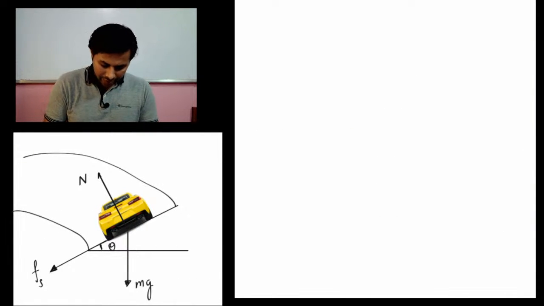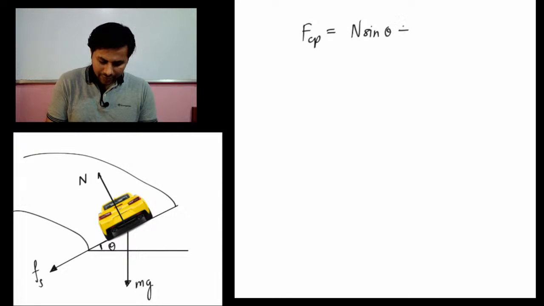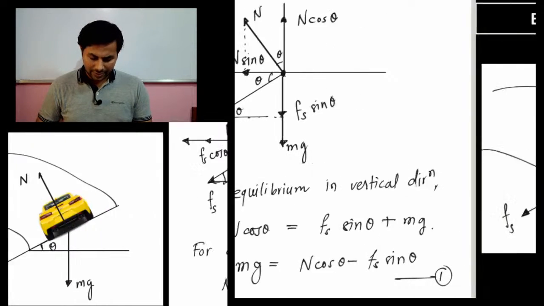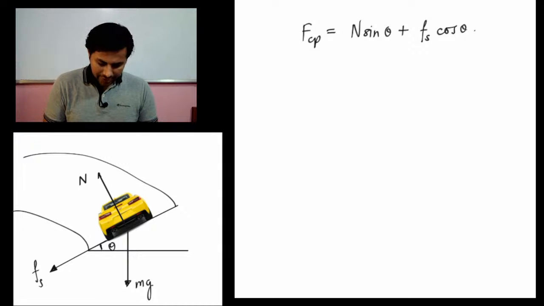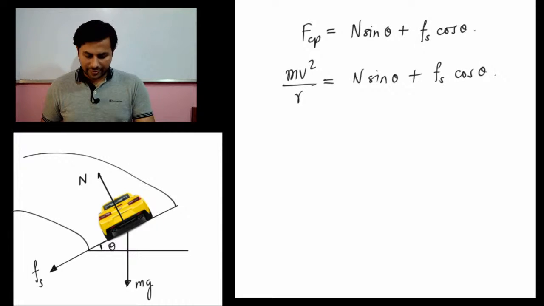So F_cp, the centripetal force, is equal to N sin theta plus Fs into cos theta, and centripetal force is mv squared over r. So mv squared over r is N sin theta plus Fs cos theta.